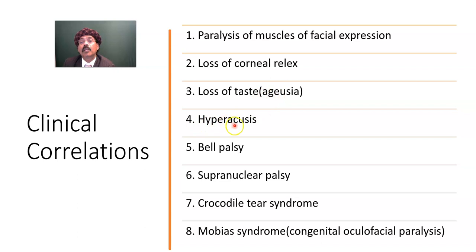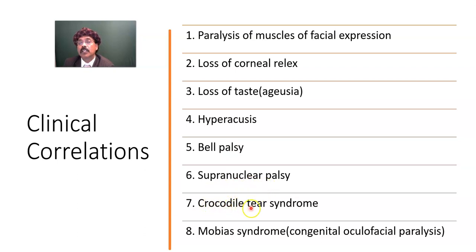There may be hyperacusis, okay, that is due to the lack of nerve supply to the stapedius muscle in the facial canal area. So Bell's palsy is a lower motor neuron lesion that may be in the facial canal. It may be in the stylomastoid foramen. We have supranuclear palsy, where we have the sparing of the forehead muscle.